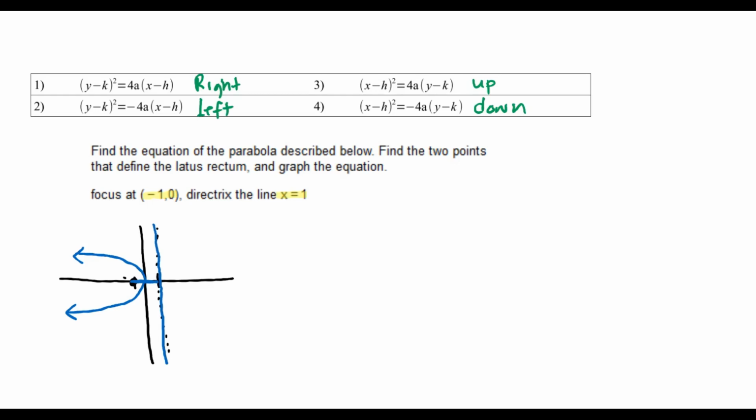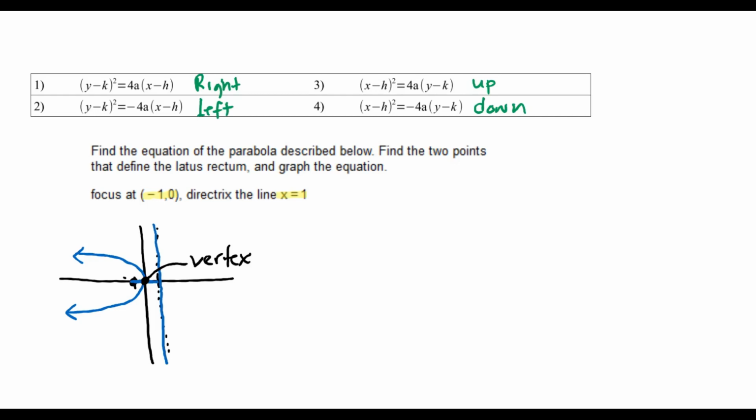I also know that the vertex is at 0, 0. And that's because the distance A between the vertex and the focus is the same distance between the vertex and the directrix. So my focus is at -1, 0, and my directrix is the line x equals 1.